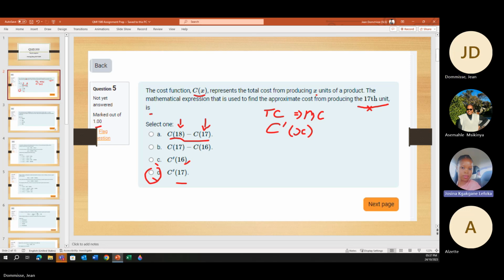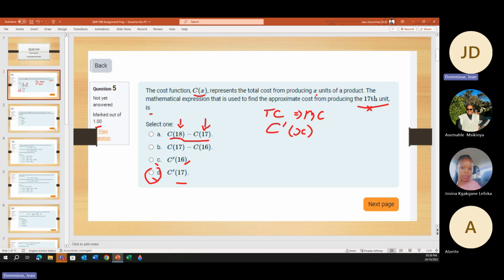Good evening, everyone. So, I selected that option, but they marked it wrong. Did they mark it wrong? Yes. And it was also for you the 17th unit and not another unit. Yes. Okay, that is because I thought you sent yours as well.